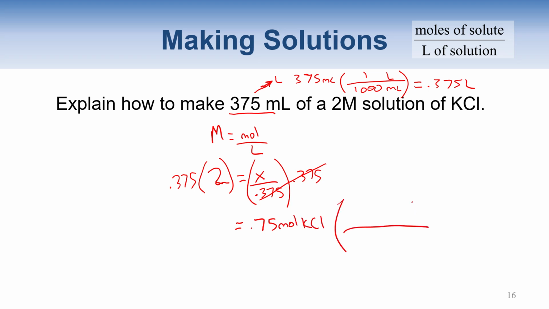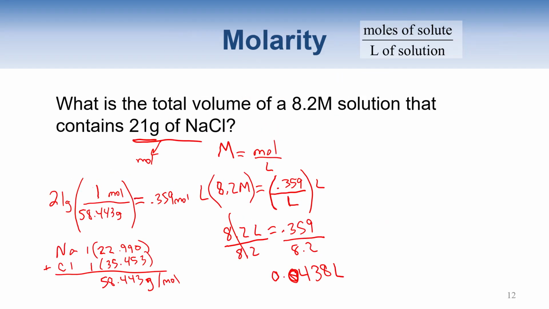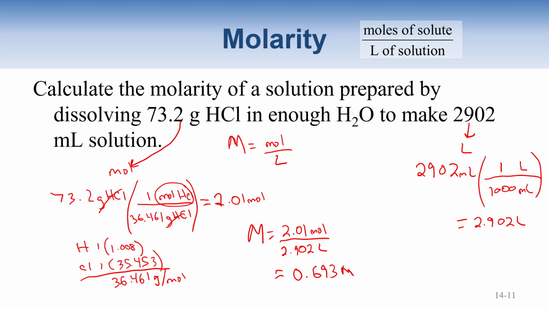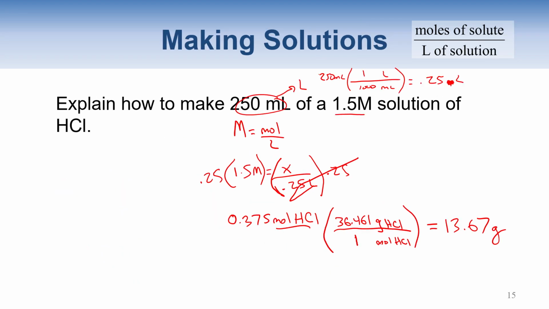So we're going to go ahead and convert that to grams. So we're going to have moles on the bottom. I'm not sure if we did KCl yet. Oh, we did. So we have 74.551 grams in 1 mole.